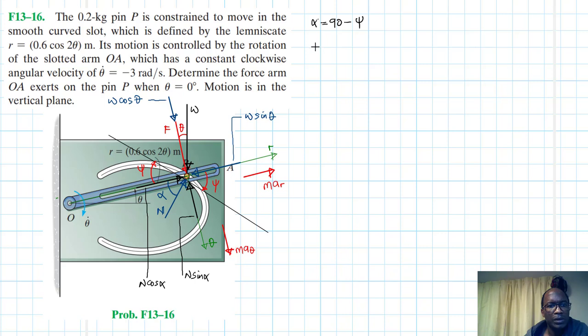Alright, let's begin. Let's start with our r. So r is just equal to 0.6 cos 2 theta. So r dot just becomes equal to 0.6 by 2 theta. So by 2, that's 1.2.